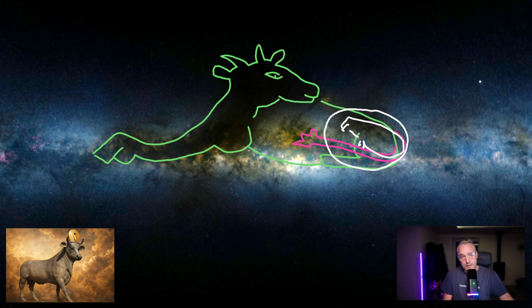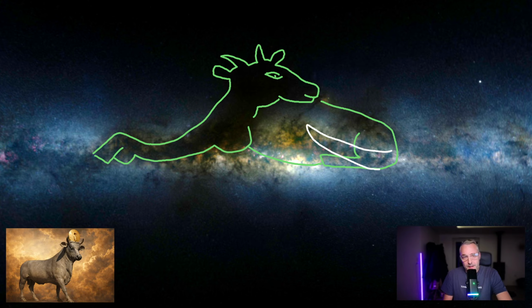And then it says the wings of the hawk or vulture must be on the side of the bull. And it's because the striped shadow here at the bottom is the wing of the eagle and the vulture.